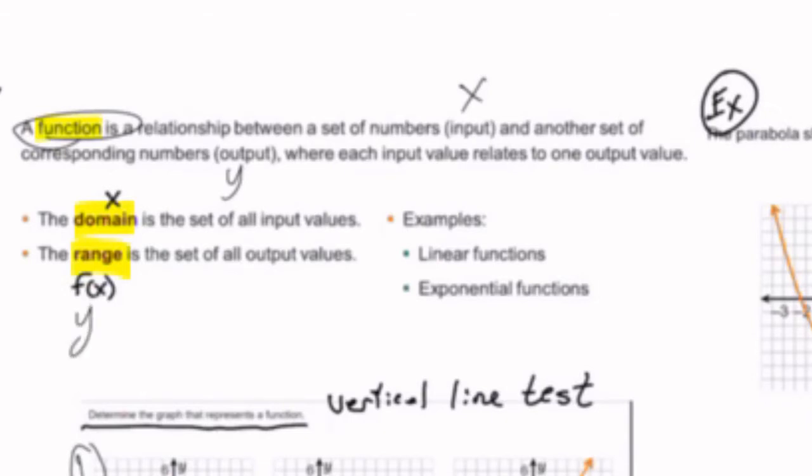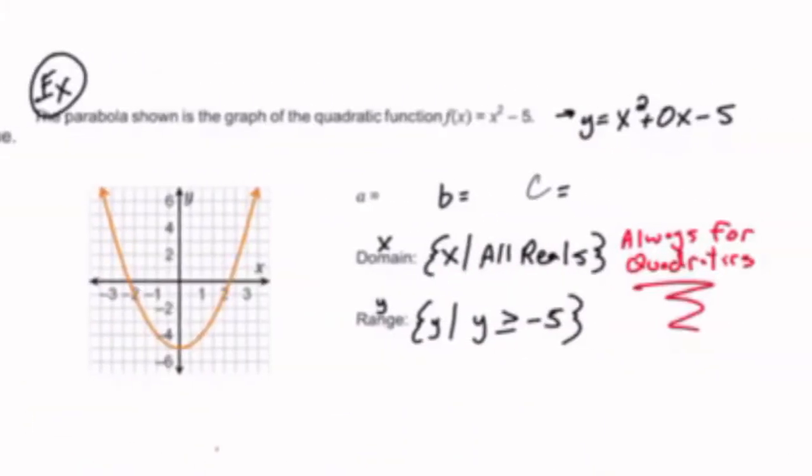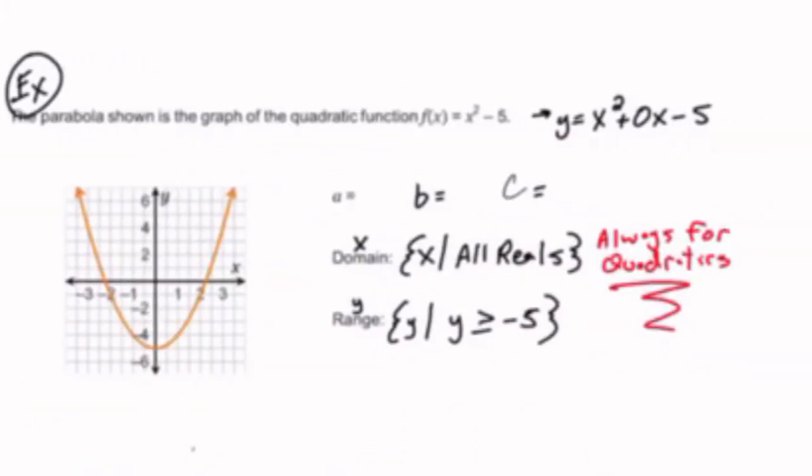Let's take a look at a quadratic function now. The parabola shown is the graph of a quadratic function f of x equals x squared minus 5. First, let's identify our values of a, b, and c. The number in front of x squared is simply going to be 1.